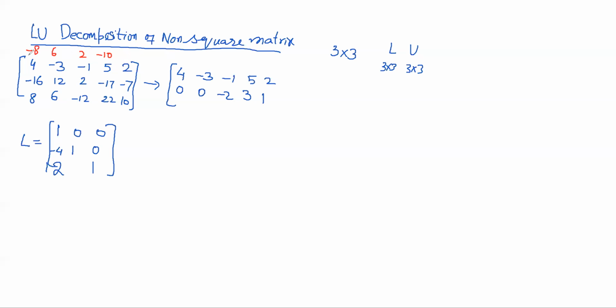Because I am multiplying it by 2, right? It will be minus 8, 6, 2, minus 10, and minus 4. Now I'm going to add it.